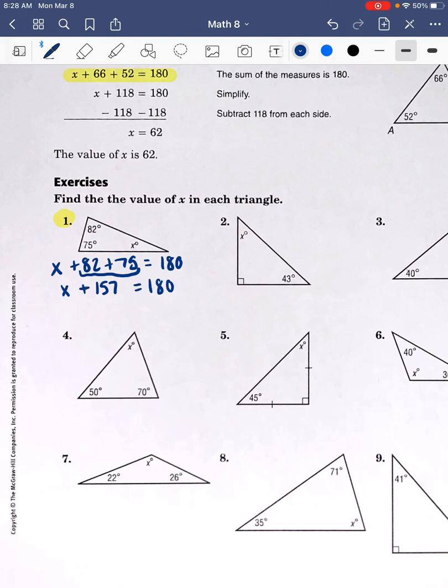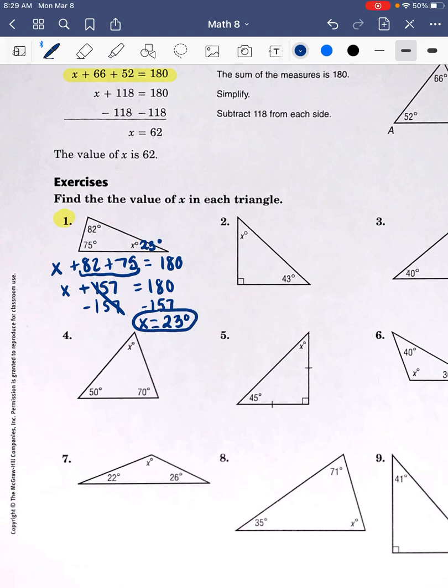And then every time we're solving for an angle, we are going to subtract our part from our whole angle measure on the other side here, and that will get us our missing degree measure. So 180 minus 157 is 23. So x right here is 23 degrees.